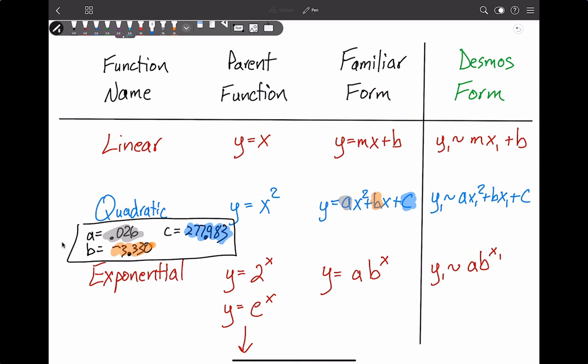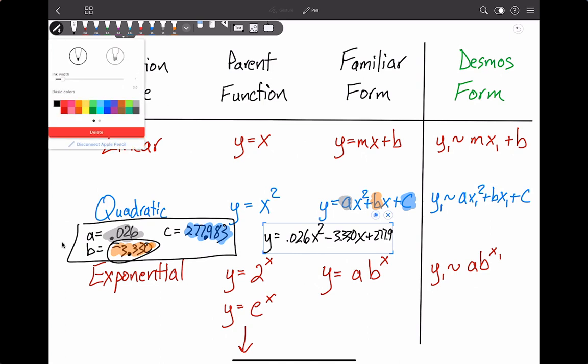And that matches up with the other example that we did in the Inspire, where we wrote out y is equal to 0.026x squared plus a negative, so that's minus 3.330x, because again, we're just replacing those constants, and then we have plus 277.983.